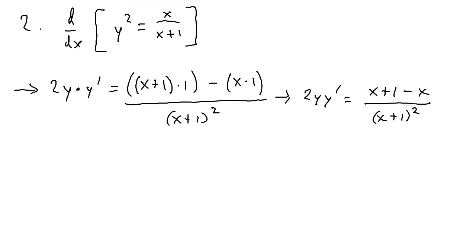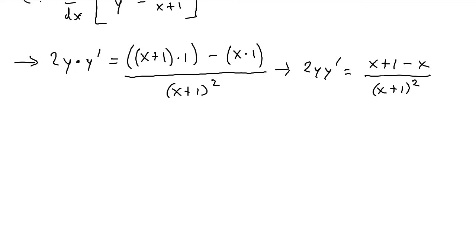And almost always it's a better idea to just leave the denominator alone and not FOIL it. So we can simplify even further: 2y y prime equals, the x's will cancel, and we're left with 1 on the top over x plus 1 squared. And then since we have to find what dy dx equals, or y prime, we have to isolate it.